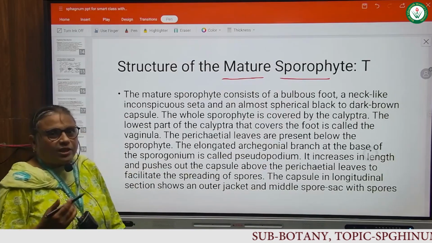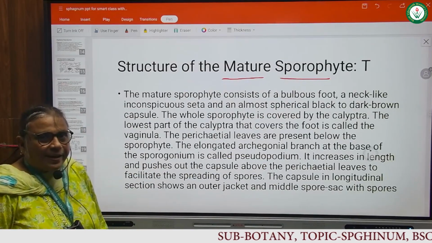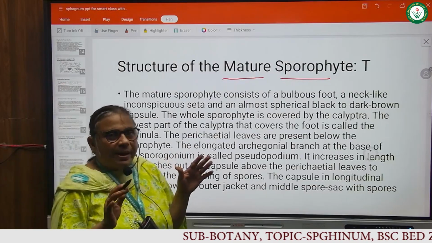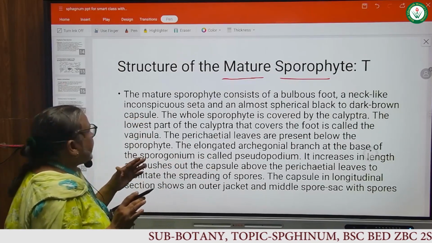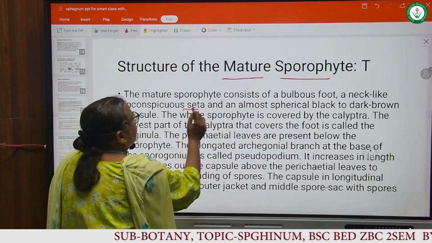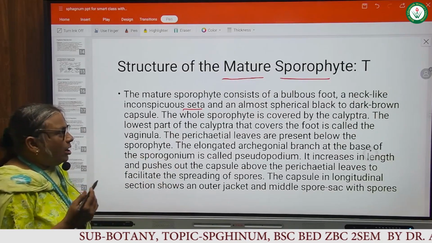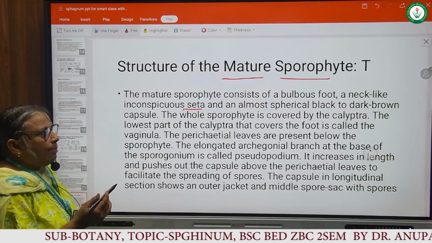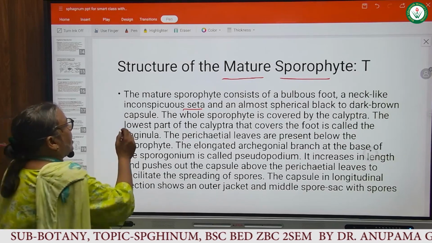Well, the mature sporophyte in Sphagnum consists of a bulbous foot, a neck-like inconspicuous seta, and an almost spherical black to dark brown capsule.